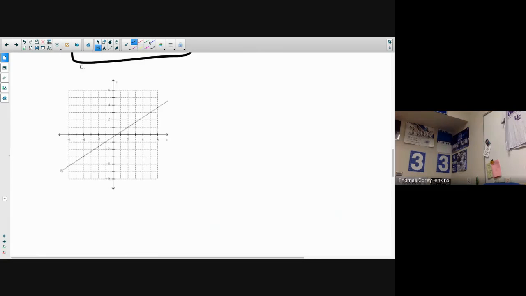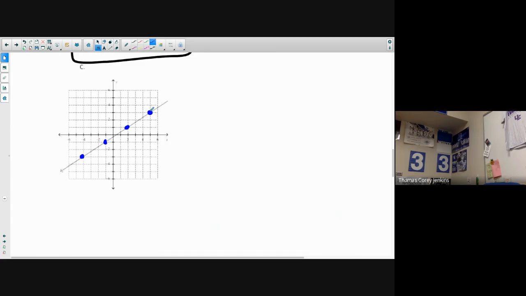Okay. So if I want to develop a point slope equation, I need to know at least some points that it goes through. This looks like a corner point. Looks like we have one there. Let's make sure that if we go up 2, right 3, it is still on the line. It appears to be.